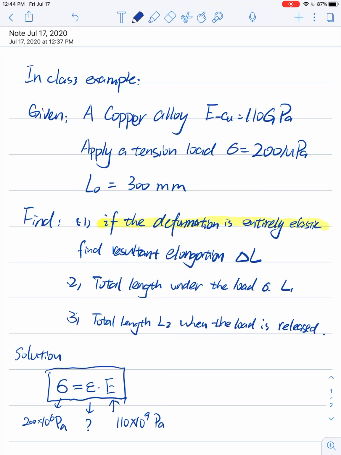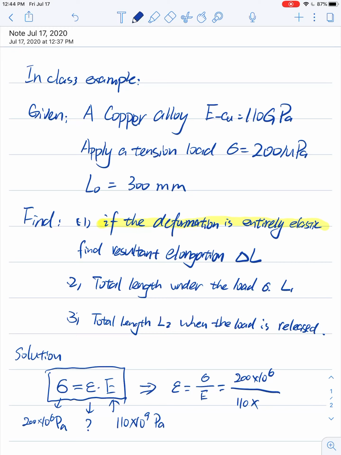We can convert that to pascal, 10 to the 6th pascal. Seems like the strain is the only unknown, so we can put strain on one side of the equation, and we have sigma divided by E. And we can find out what is the strain under this given tension load.